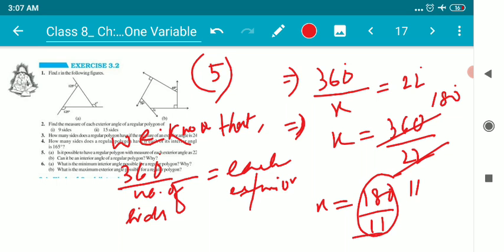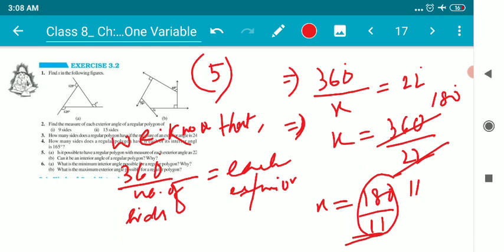That means I'm getting something in fraction. Children, a few things cannot be in fraction, like number of human beings, number of animals, number of trees, number of sides of a polygon. They cannot be in fraction. That means we cannot have 2.5 people.